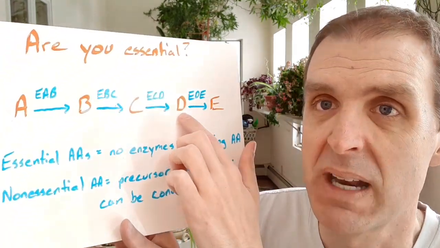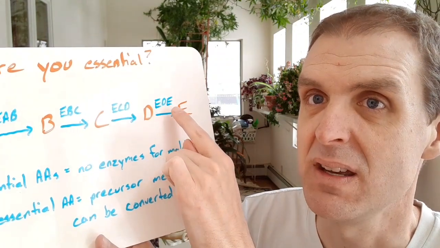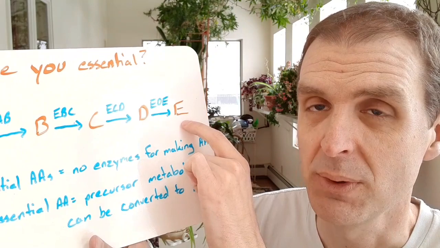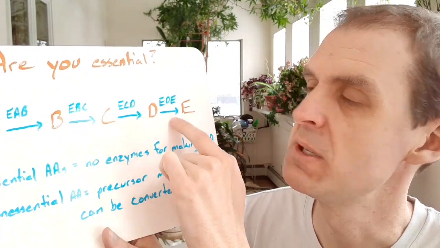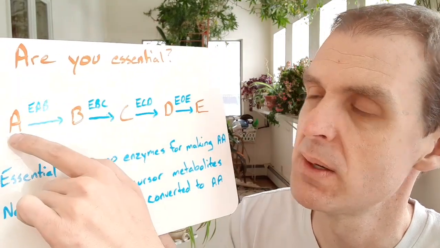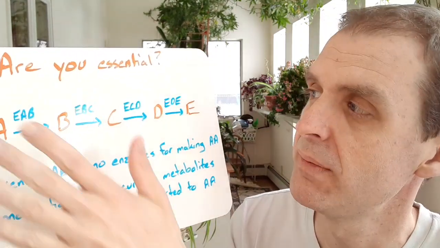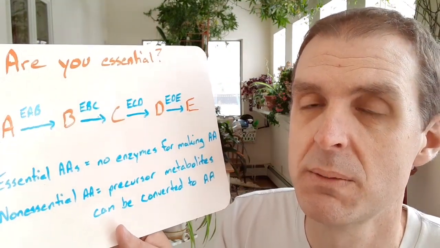And if you have metabolite D, you only need the enzyme DE that will convert D to E, because that will get you to tryptophan. If you have all of these enzymes being expressed, it means that whether you have molecule A, B, C, or D in the cell, if all of these enzymes are present, they could work in tandem to make the tryptophan for you.